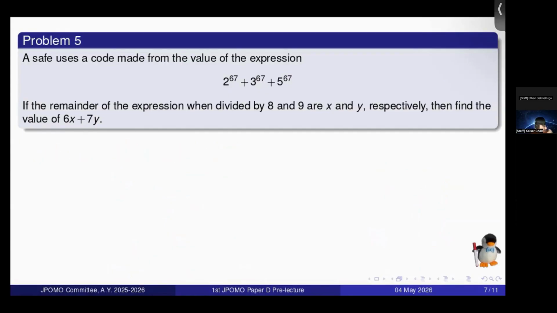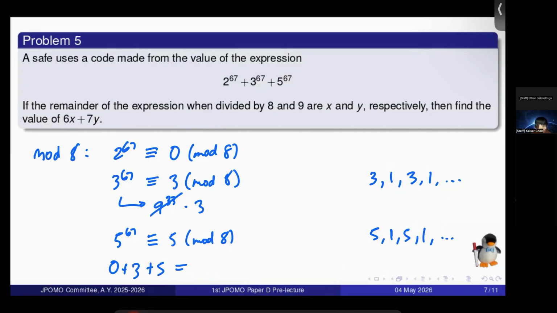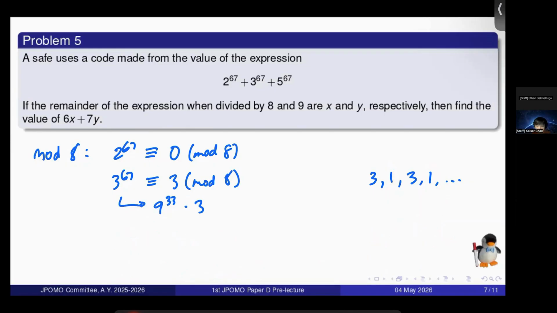So let's go for mod 9. I'll just erase all of this. Some of you are giving the correct answers. I'll just write everything here.